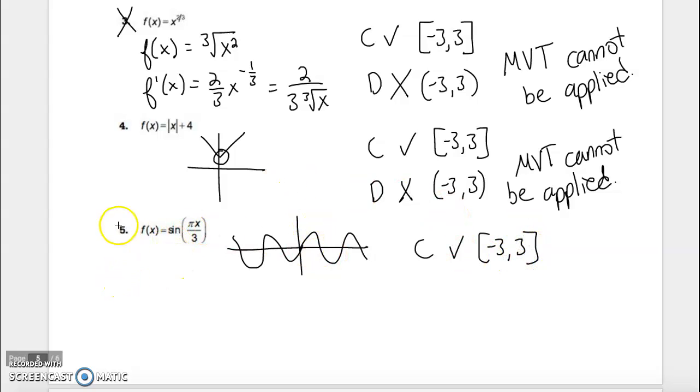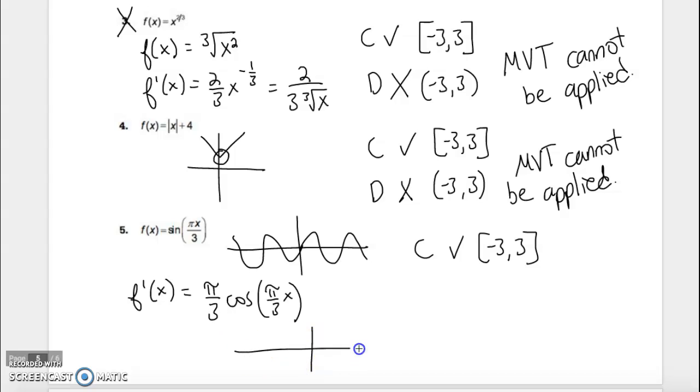And then I would maybe want to look at what the derivative looks like as well. So f prime of x. I'll have a little bit of chain rule going on here, but your derivative would be pi over 3 cosine of pi over 3x. And we know that a cosine function basically looks like this, even if you multiply by pi over 3, that's just going to make it a little bit taller.